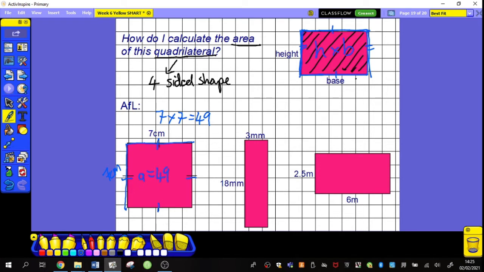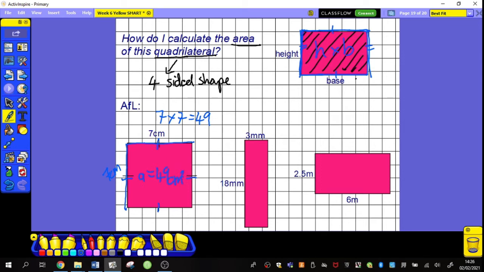Now this time, I know in perimeter you needed to make sure you had your units, so I'm going to make sure I have my units, centimetres. But this time, because we're looking at the area inside of a shape, and we're looking at 2D shapes, then my units will be centimetres squared.